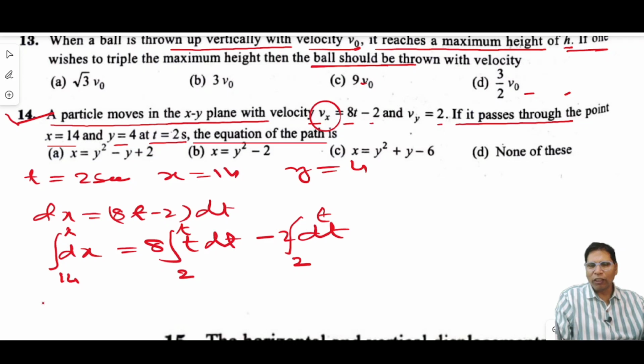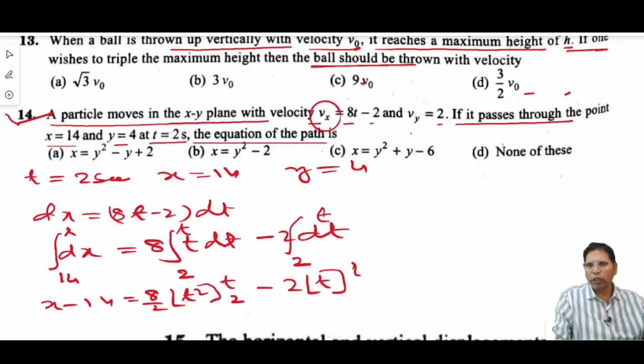So from this equation you get x minus 14 equals 8 by 2 into t square, from 2 to t, minus 2 into t, with boundary condition t equals 2. From this you can get 4. Therefore x minus 14 equals 8.